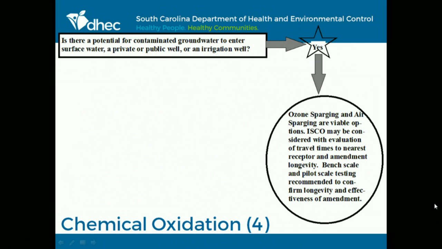So I would go somewhere at a distance from a private well if I was going to try a particular amendment to confirm, yes, this is only going to last 3 months. Because sometimes the amendments will last longer in the subsurface than you expect. We have at least one dry cleaning site where they put in permanganate and it's still there 3 years later. So it's important to know.